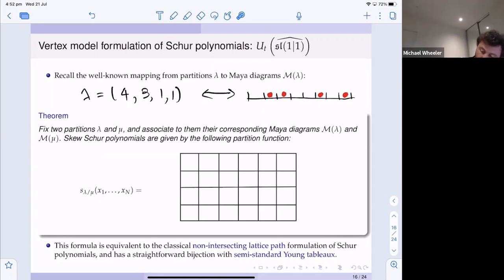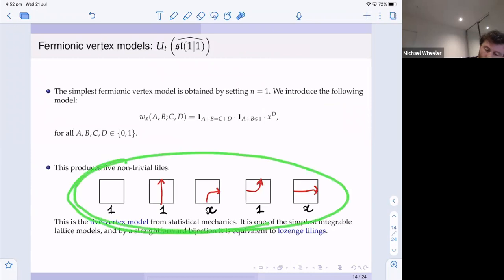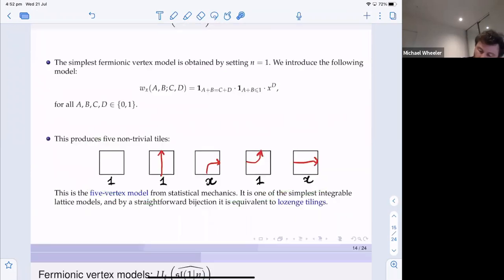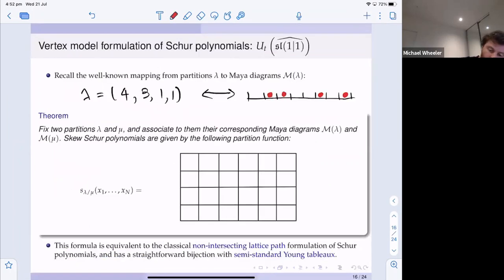So I'm going to use this model, with these weights, and every single row has a different x parameter. So this is x1, x2, up to xn. At the bottom, I'll put the Maya diagram that corresponds with mu, and at the top, I'll put the Maya diagram that corresponds with lambda.